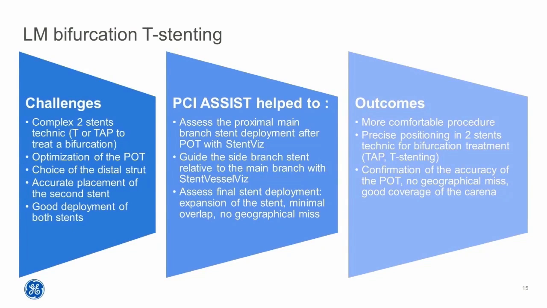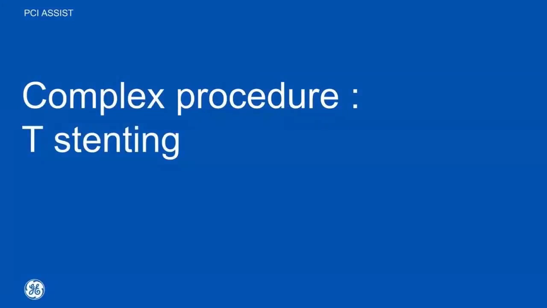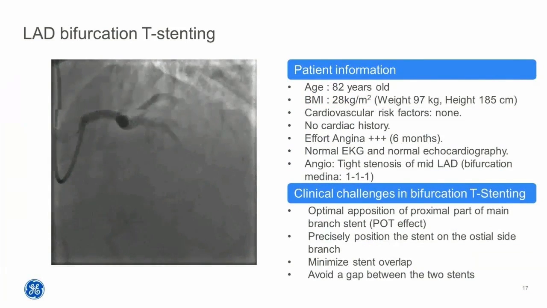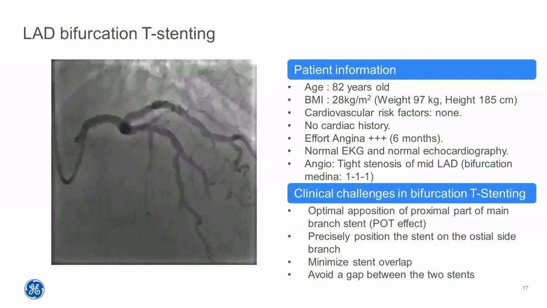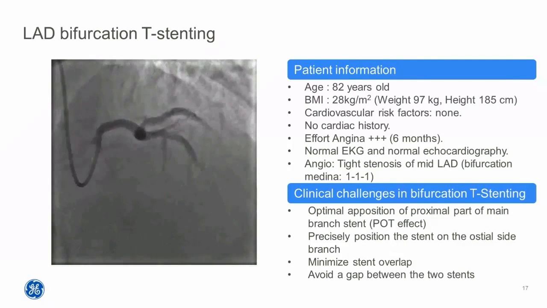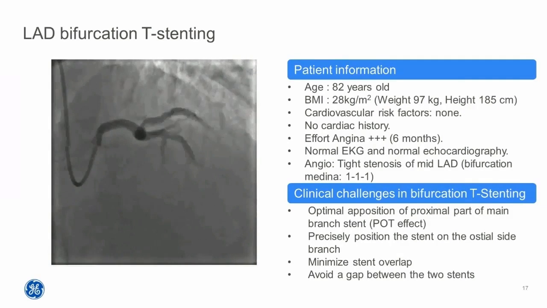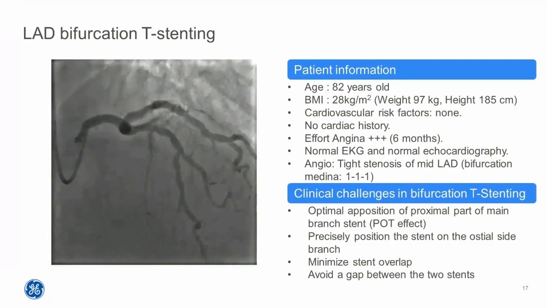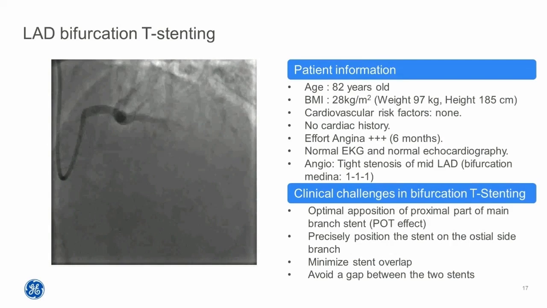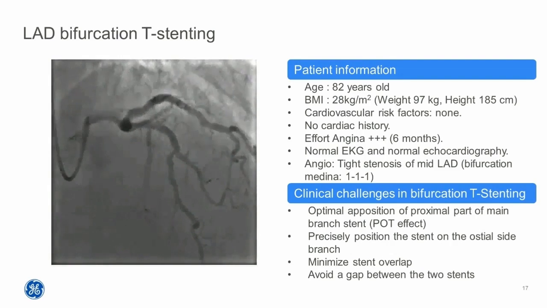And we can also look at another case explaining the usefulness of this tool for bifurcation cases. Here, another case with a LAD bifurcation lesion. We also planned to put two stents because both vessels were diseased in this old man.